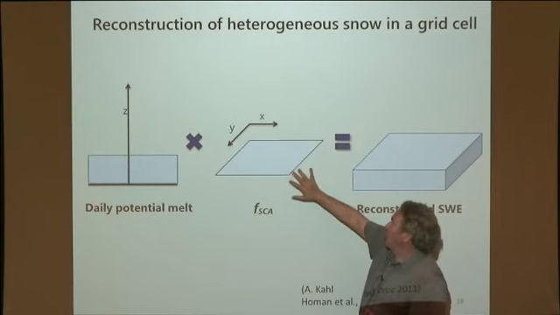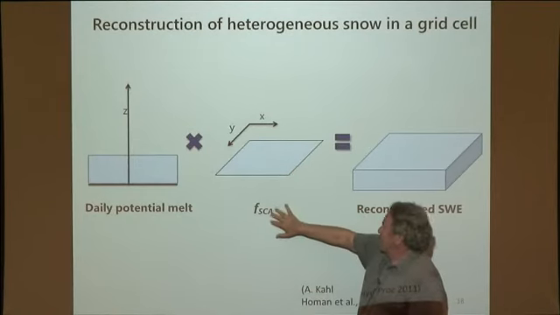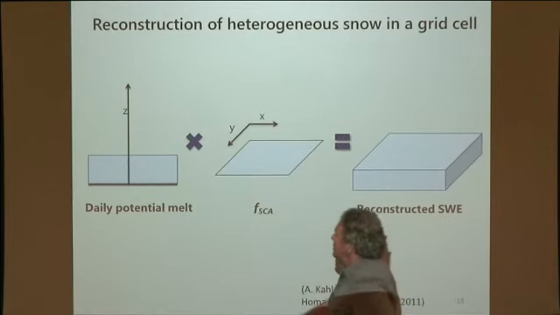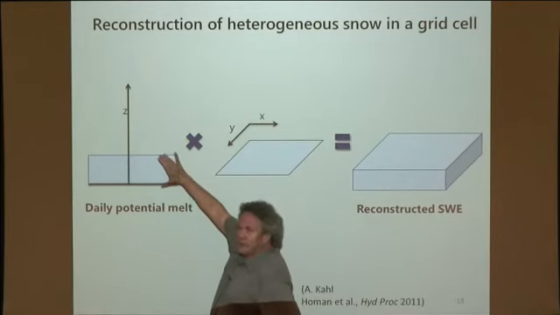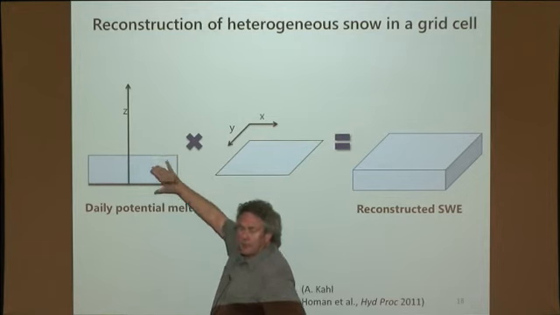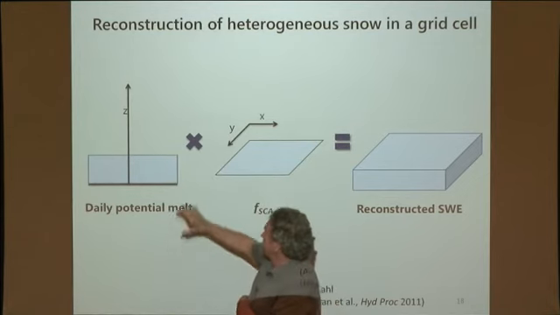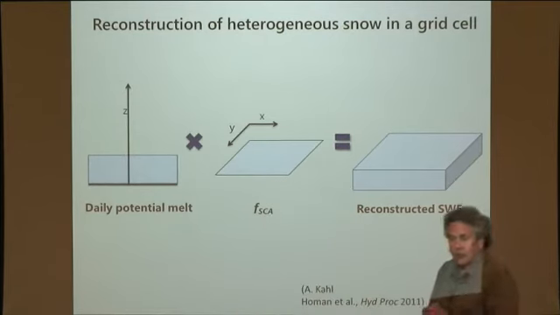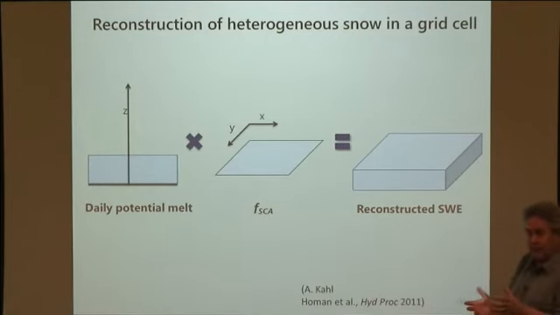Let's say your whole pixel is covered with snow, so that fractional snow cover is 1. What we can do is estimate, based on all these energy considerations, how much snow melted on that day in that pixel.